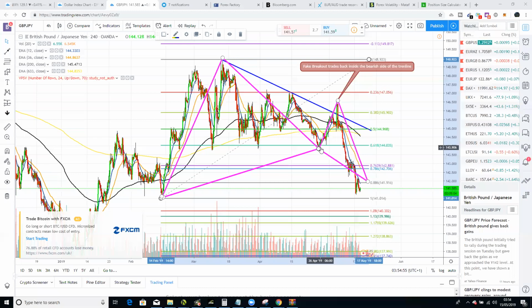Got it. So just because we have this retracement down to this level, it means that we do not have a bat pattern. What pattern do we have? So what's the name of the pattern that we have?